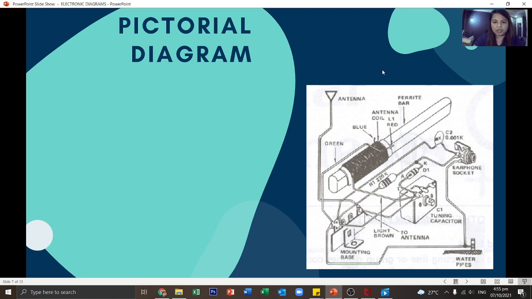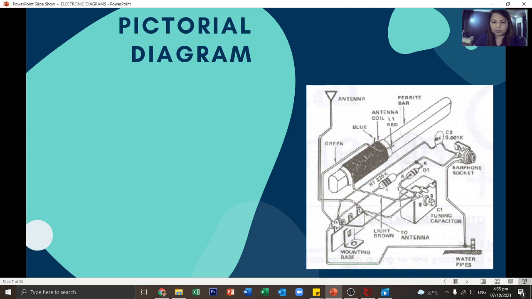Because here you can see the pictures of the actual components as if you are looking at the actual components, like the resistor, the antenna, the earphone socket, the tuning capacitors, and the mounting base included. It is called a wiring guide because you can see how the components are wired.